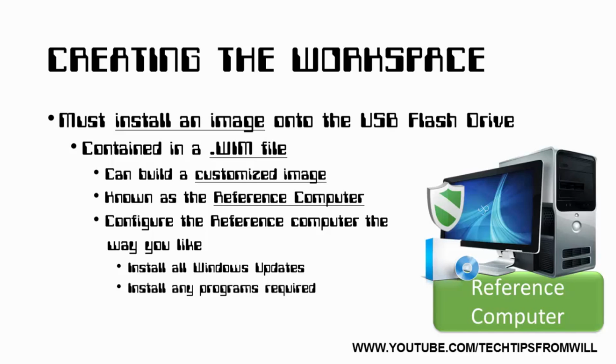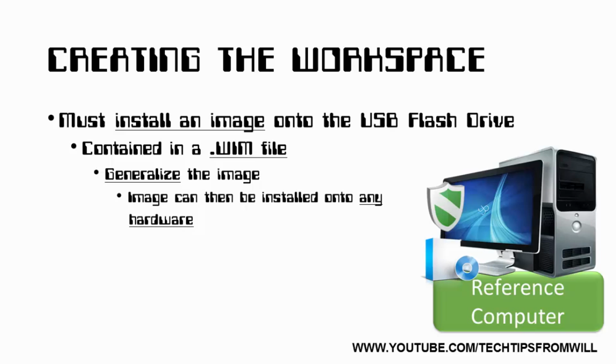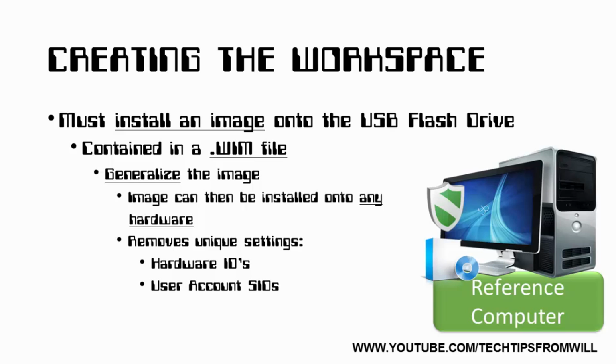Once your image is configured exactly the way you want it, you next have to generalize the image. When an image is generalized, it can be installed onto any hardware. This is achieved by removing all of the unique settings from the image that came from the reference computer, such as device hardware IDs, user account SIDs, and the computer hostname and domain membership.